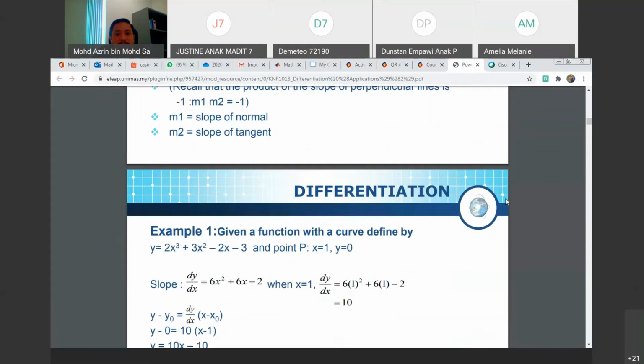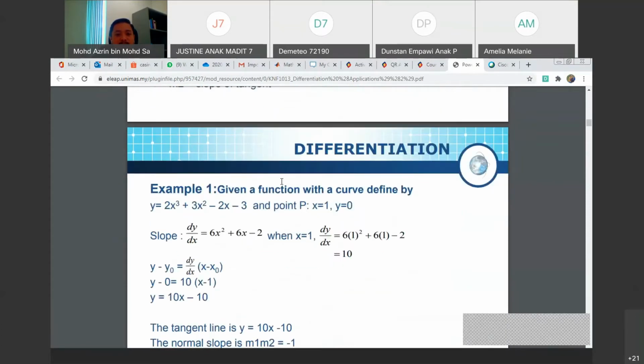Then, some example. Given a function with a curve defined by this equation, y equal to 2x cubed plus 3x squared minus 2x minus 3, and point P with x equal to 1 and y equal to 0.